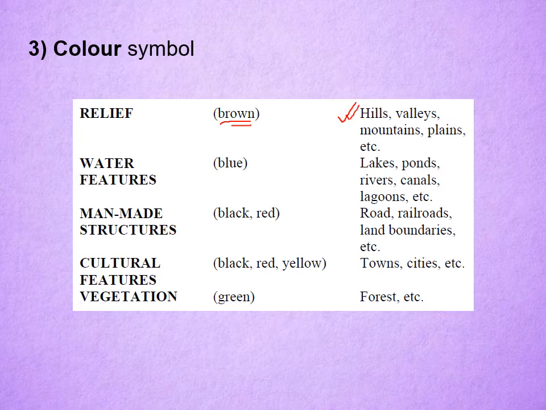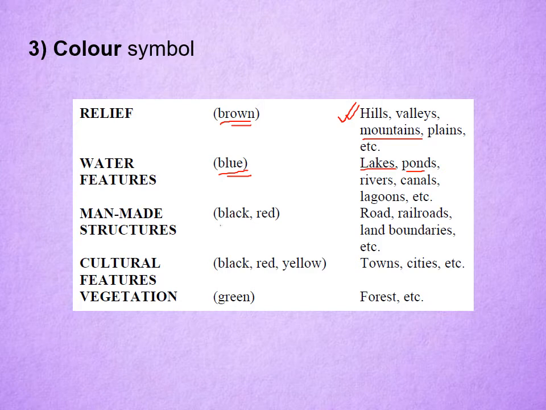They represent the hills, the mountains, which are higher in elevation with respect to mean sea level. Whenever we see shades of blue in your contour map, they definitely indicate some aquatic bodies in your given area. That means there may be lakes, ponds, canals, rivers, lagoons, even sea also.